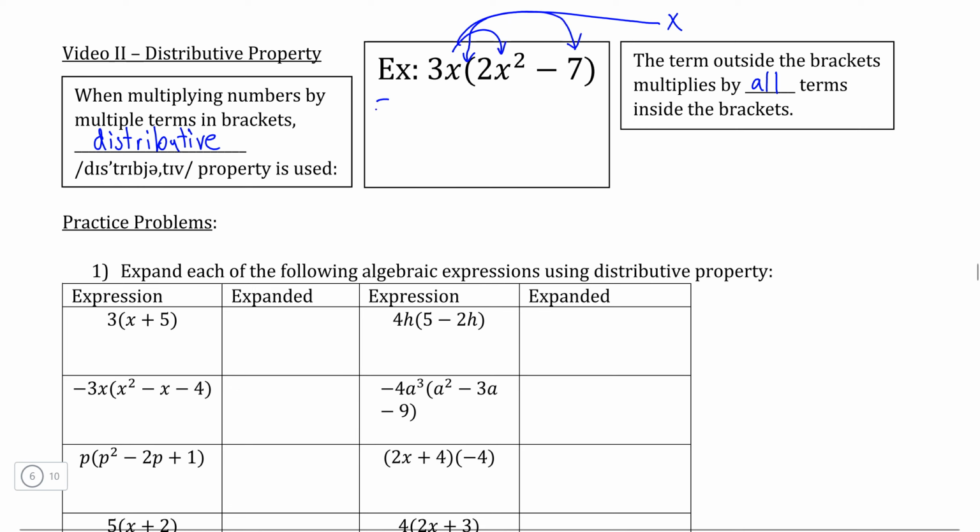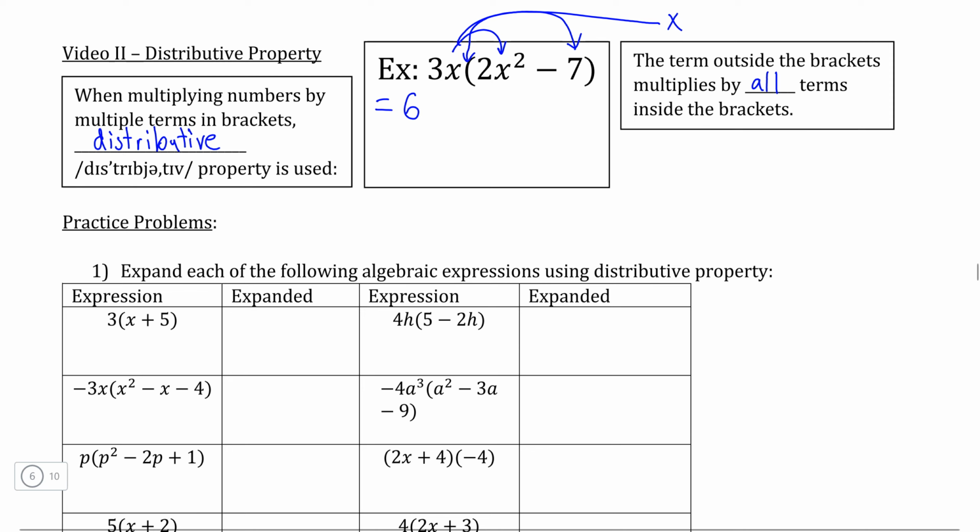So the first thing that we need to do in order to find what the overall polynomial is, is take 3x and multiply it by the first term, 2x squared. If we multiply the coefficients together, 3 times 2 is 6. And then we can use our knowledge of exponent rules to do x times x squared.